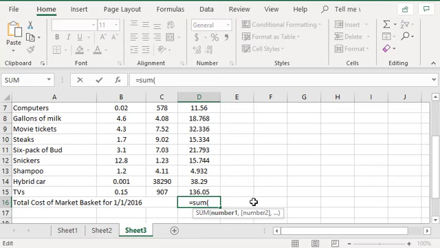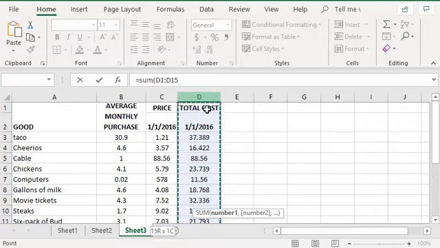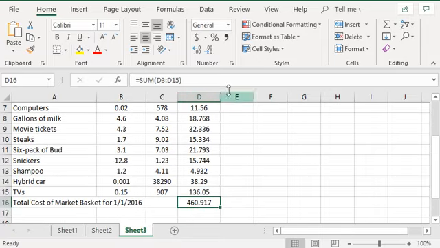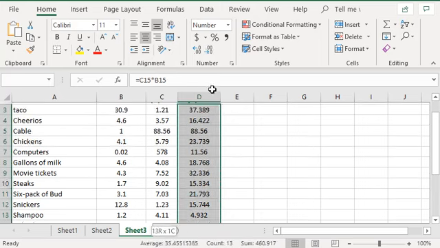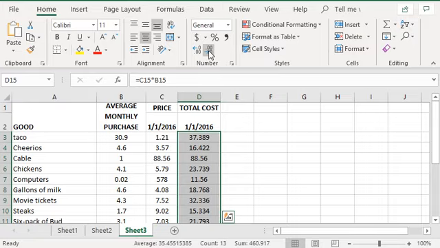So you type equal sum, and then you highlight the stuff above, and you hit enter. So the cost of this market basket is $460.92. I'm going to go ahead and change all these decimal places to 2.